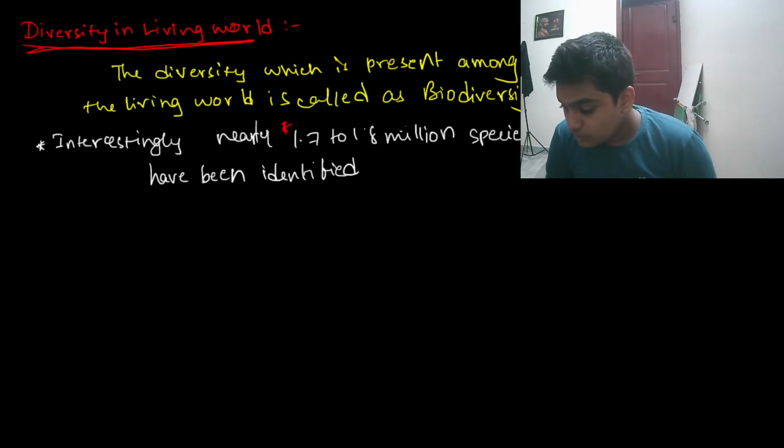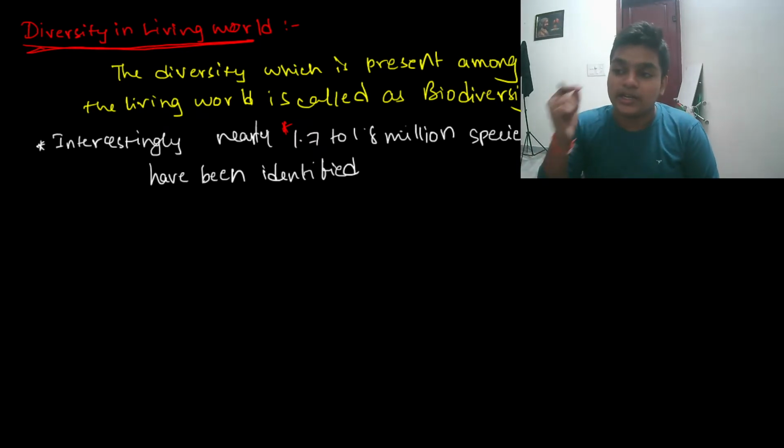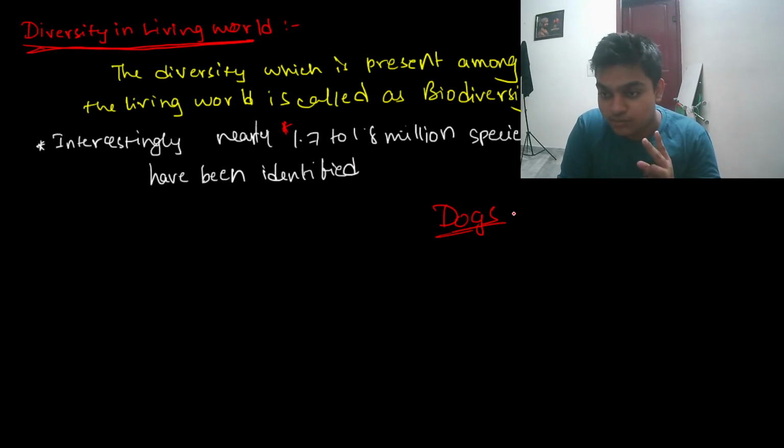Biodiversity. Now, we humans generally call these 1.7 to 1.8 million species by names. Let us take one genus or species out of this 1.8 million. We call dogs, dogs. For dogs, there are two names.